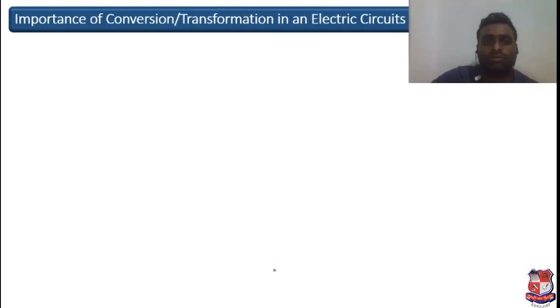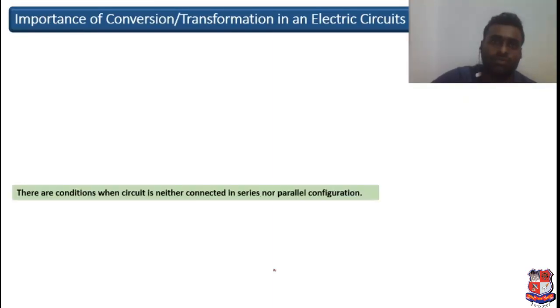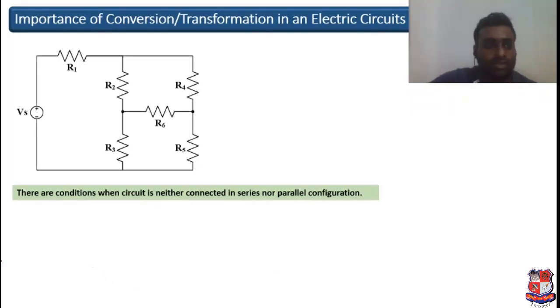Will this be the same for all circuits? The answer is no, because there are conditions when a circuit is neither in series nor in parallel. Suppose I take this circuit, where you can see R2 and R4.